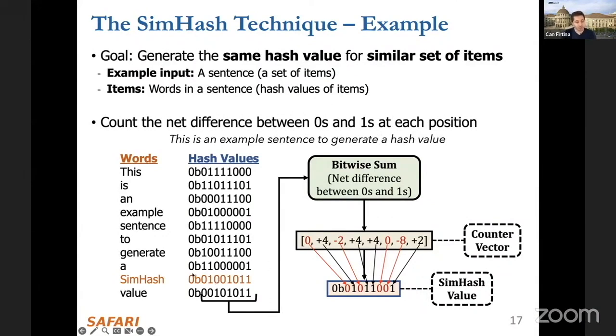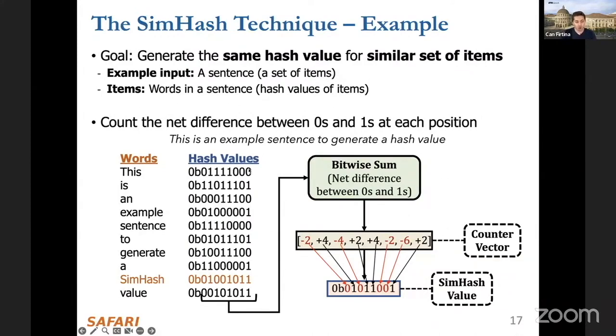But it's not really important that we're generating a completely random value here, because when we recalculate the counter vector by again using all of these hash values, what we can observe is that although the actual values differ from the previous version to the new version, the majority results of zeros and ones are likely to not change.